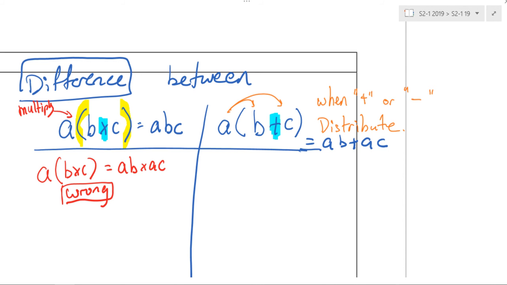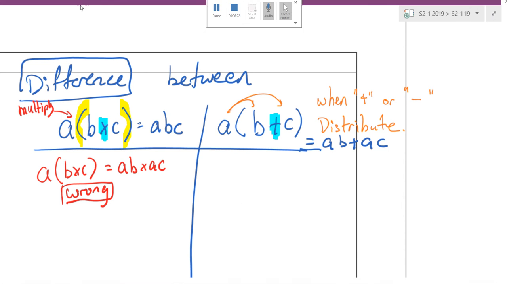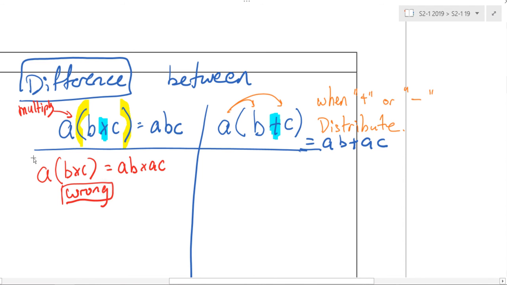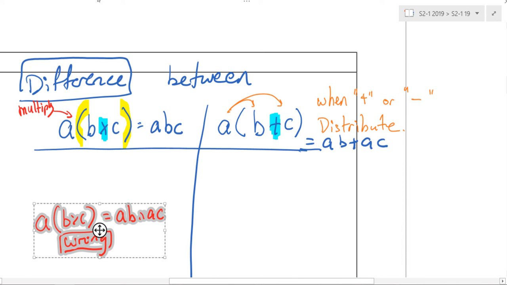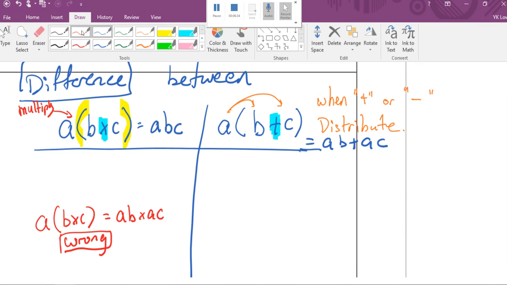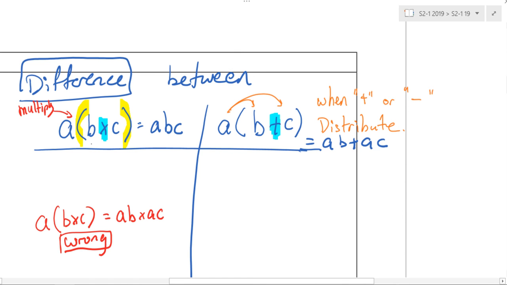So, may I shift this down? And then can you write this down? Over here, this is one term. What about B plus C? Over here is how many terms? Two terms.